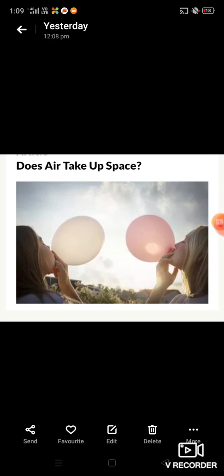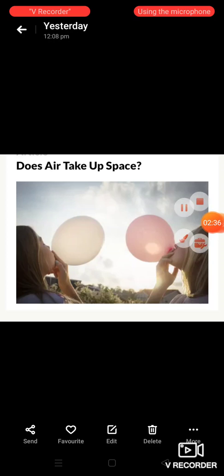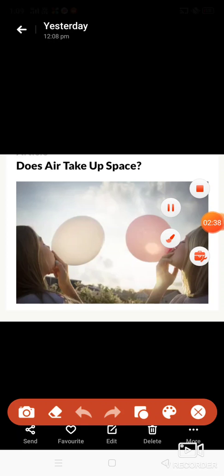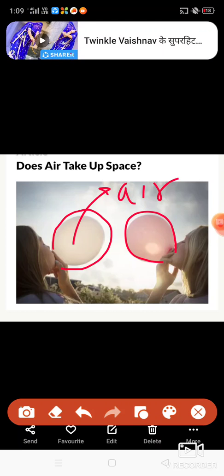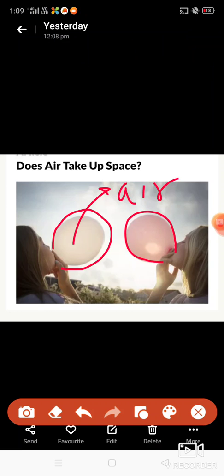See in this picture. Yes, in this picture, the total space of the balloon is covered with air. So it shows that air occupies space.